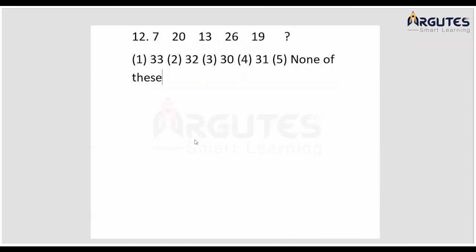Now the next question on two type series, like here it's 7, 20, 13, 26, 19. Now as you look at the last numbers, it's 19, then 26, so it seems to be something ups and downs type, or it is a two type series. So let's see what it is. 7, 20, 13, 26, 19.